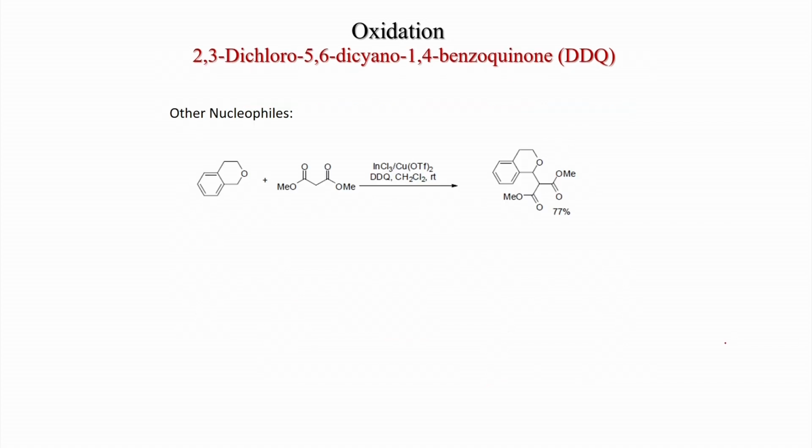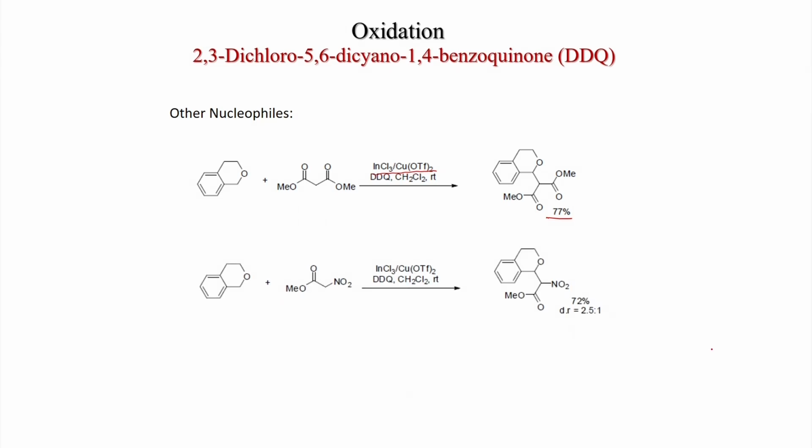Other nucleophiles can also be used in this reaction with the chroman, like dimethyl malonate can be reacted with chroman. You have to use another Lewis acid along with DDQ. At room temperature you get 77% yield of this product. So, here also you get an oxonium ion, and then this negative charge of dimethyl malonate reacts here, and you get this product.